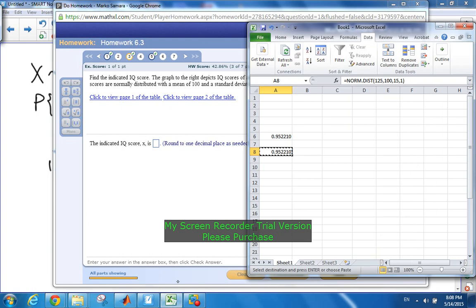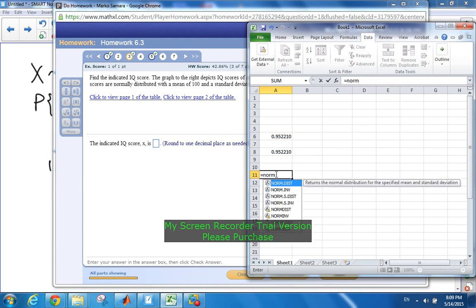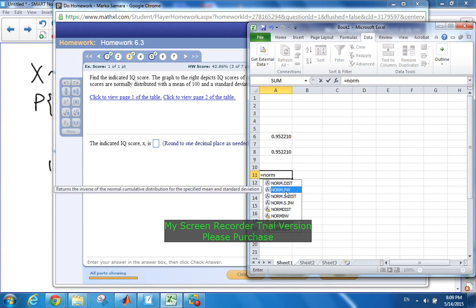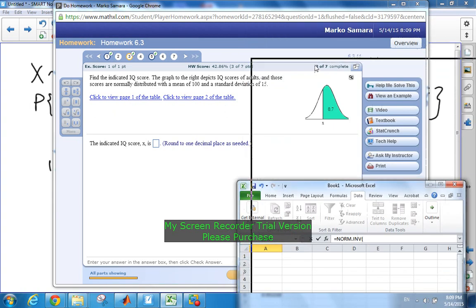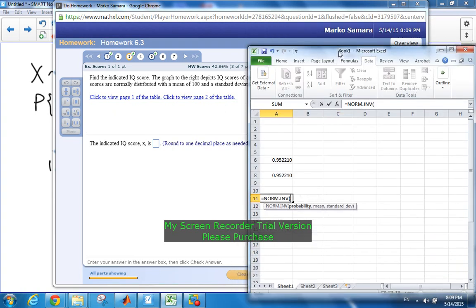For that we can just use NORM.INV, the inverse of the normal. We are looking for the X score that corresponds to cumulative probability 0.3. What did we say? 0.3, right? Yes, 0.3.